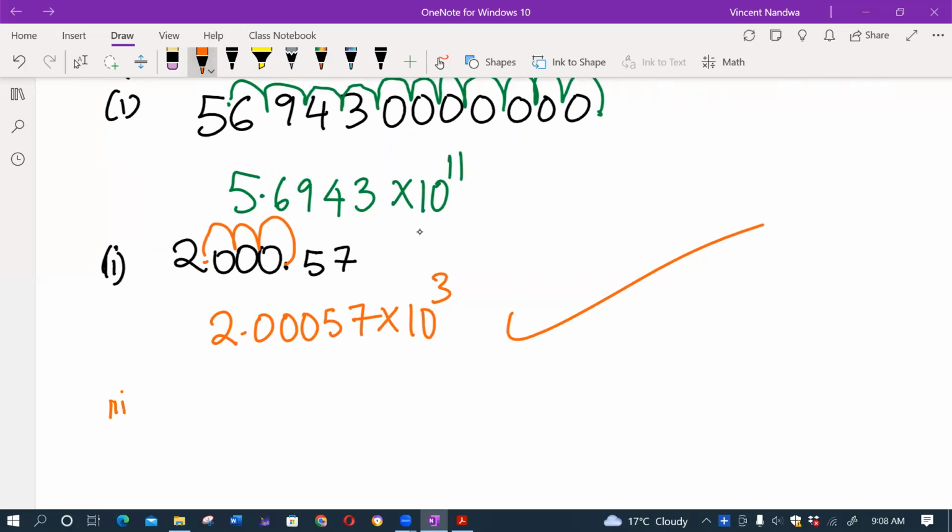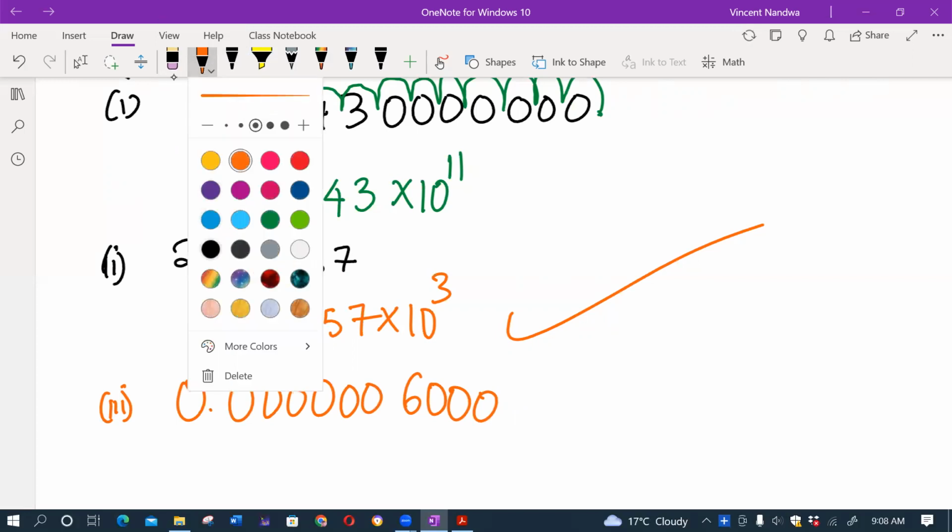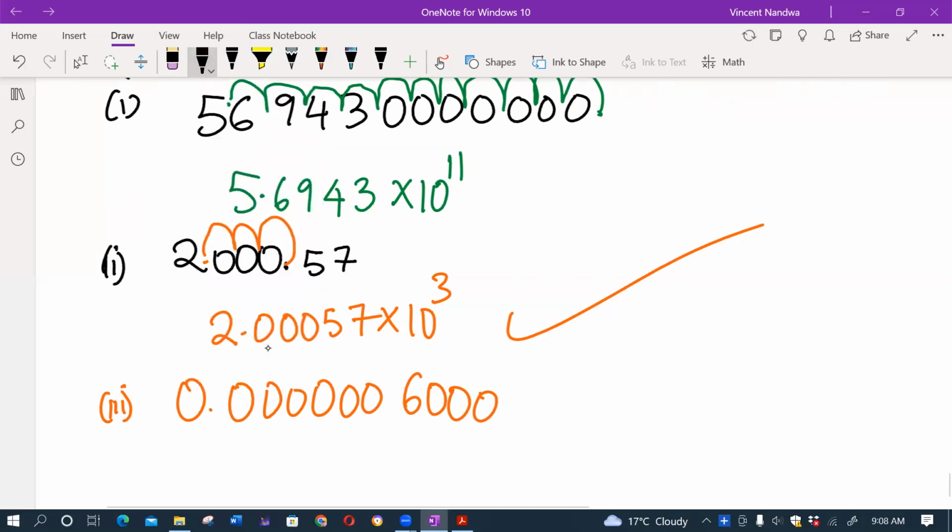Number 3, we have 0.1234566 and some 3 zeros. In this case, we have to move the decimal to the right.